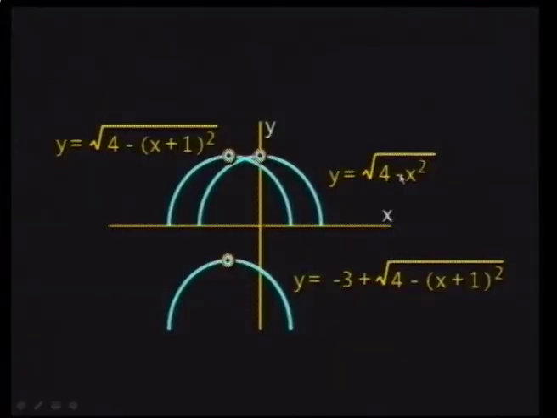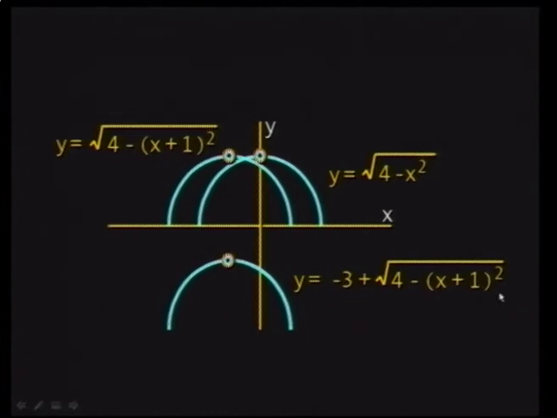So here, the new center would be the point minus 1 and 0. So you got your new graph. Again, it's a semicircle, exactly like this one, with the same radius, which is 2, except that the center is shifted from the origin to the point minus 1 and 0.